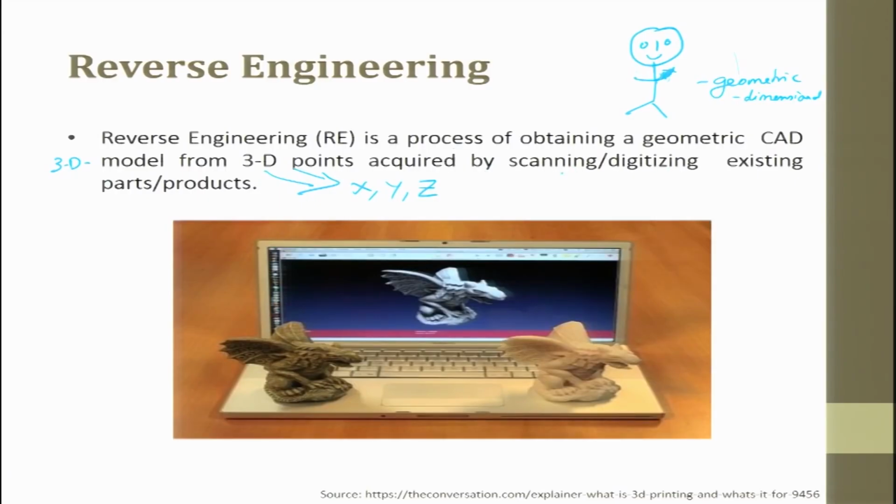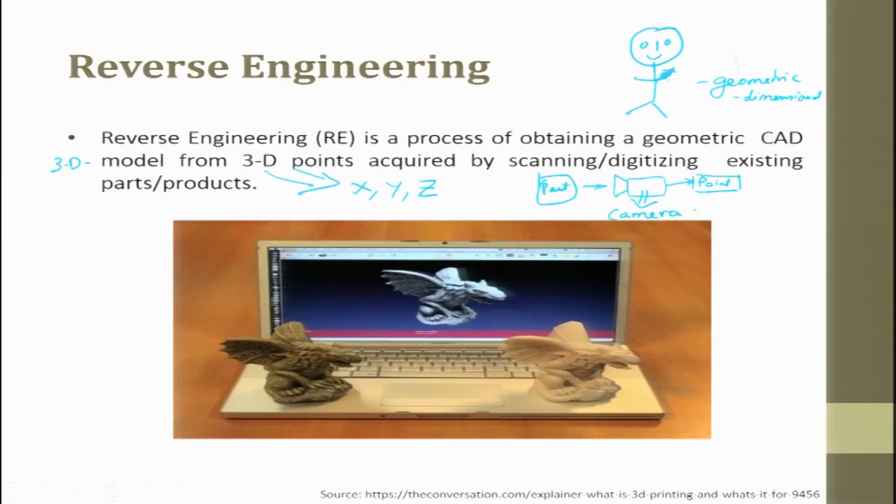What do you mean by that? We have a product, a part, and then we have a camera, and what we get is points. You have a part, you scan it; this is for digitizing, a camera for taking a picture.